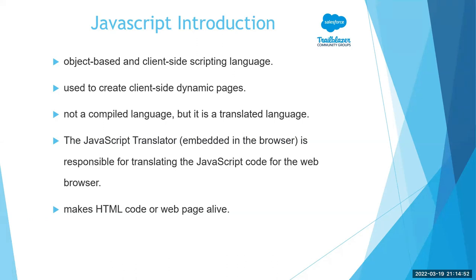The JavaScript code will run by default, and you need not do any pre-installation or installation activities to support JavaScript. To add the functionality or to make the page alive, we are adding JavaScript to the website. As I told, it will run on the browser only, so you can see the code in your browser.